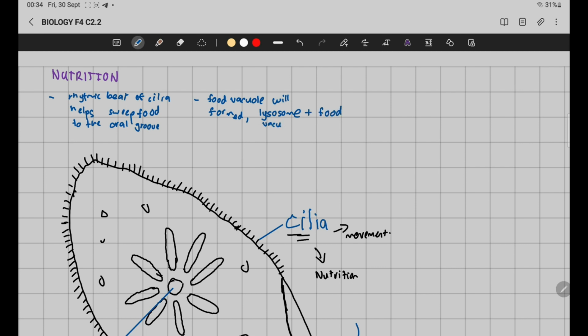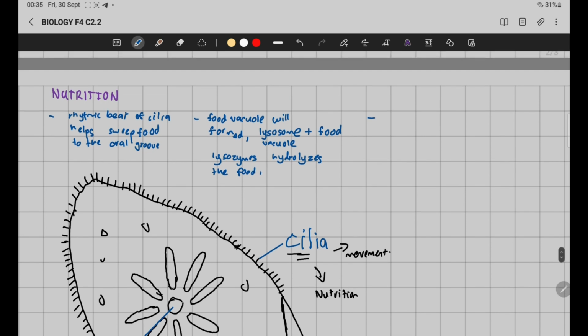And I guess you can expect what happens next, in which the lysosome will hydrolyze the food. Then the digested food will be absorbed by the paramecium into the cytoplasm. And then again, the undigested food will be discharged.